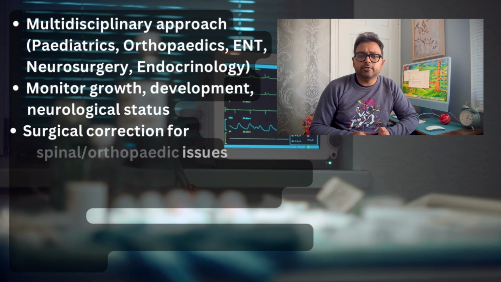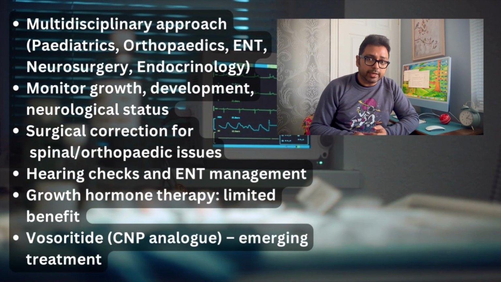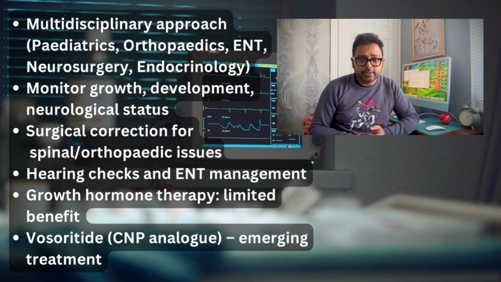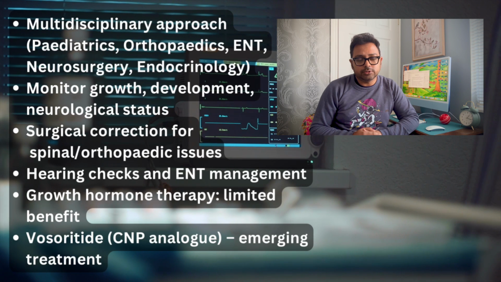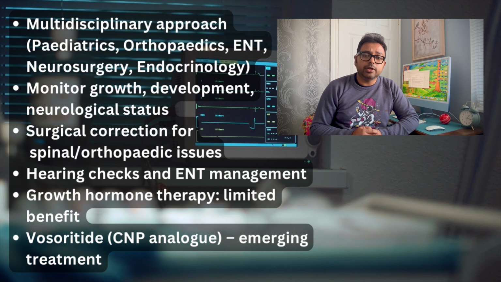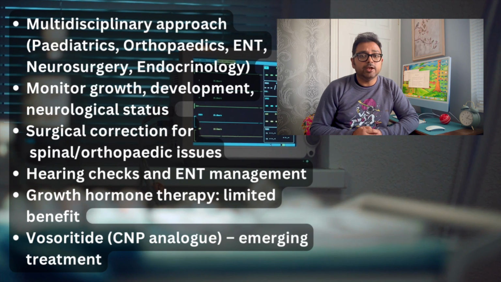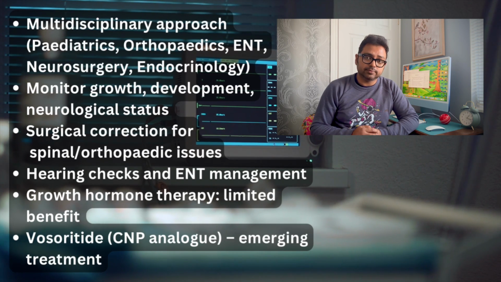The management of achondroplasia is multidisciplinary. We need to involve the pediatrics, ENT, orthopaedic surgeons, endocrinologist, as well as the neurologist. We need to monitor the patient for growth and development and neurological features.